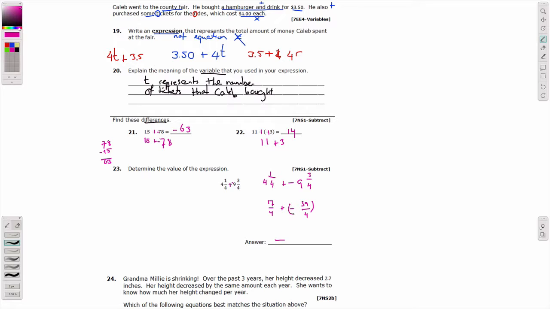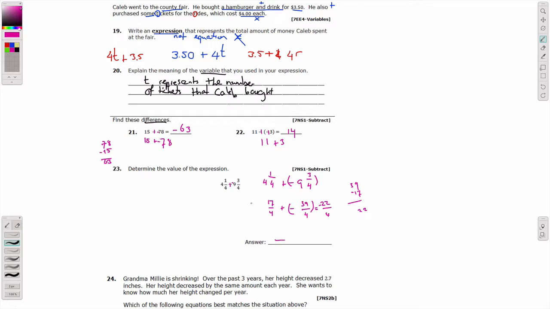Put parentheses around that if that makes it clearer, just to show that the negative goes with that number. Now I have to subtract the numerators. So 39 minus 17. So this is equal to 22 over 4. And of course they're negative. It's negative 22 over 4.